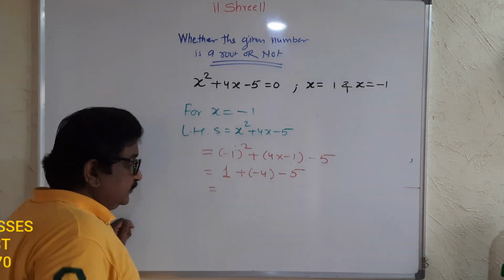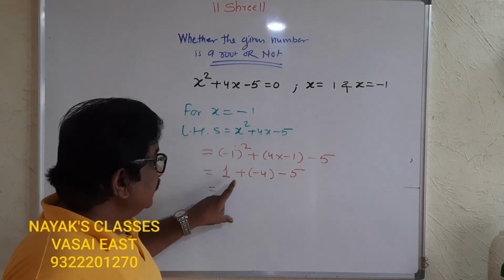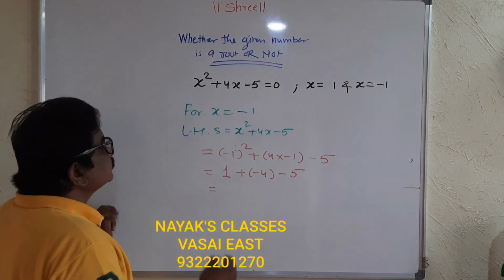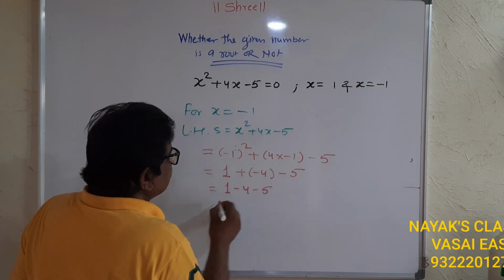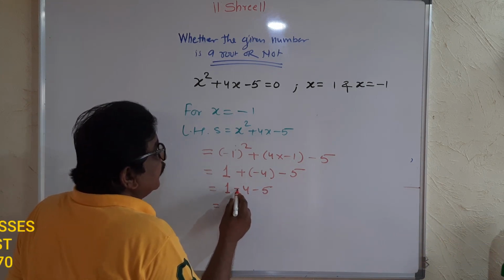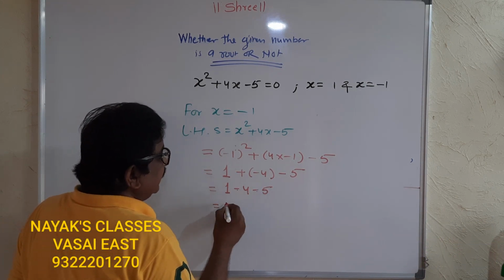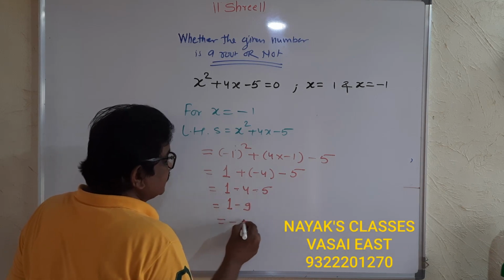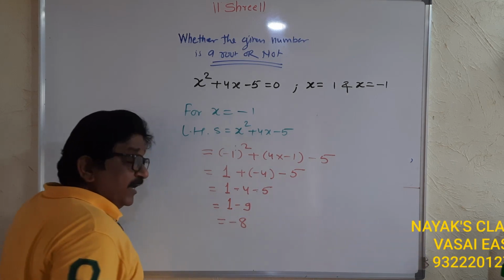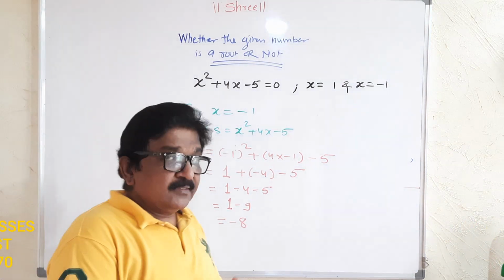That is 1 minus 4 minus 5, which is 1 minus 9. So the answer is minus 8.